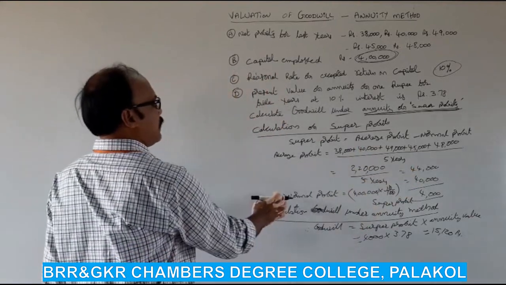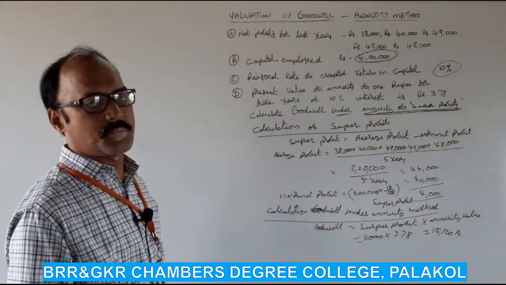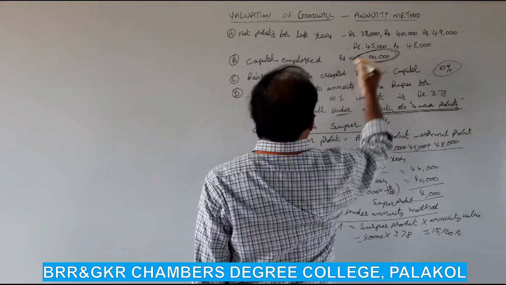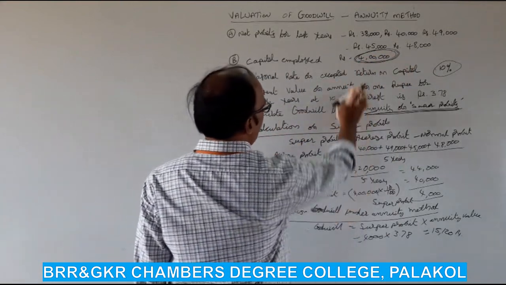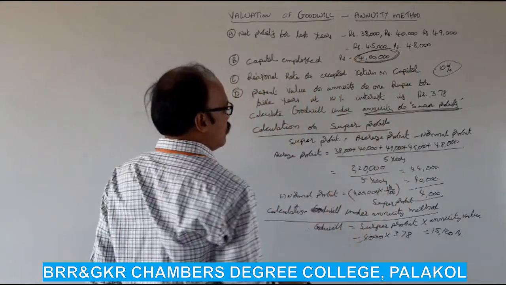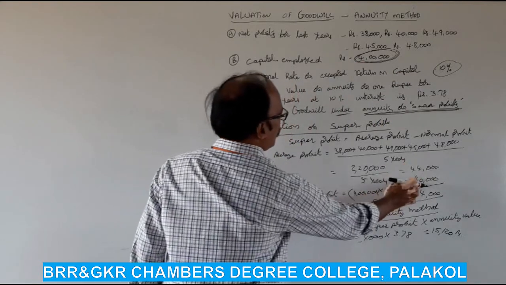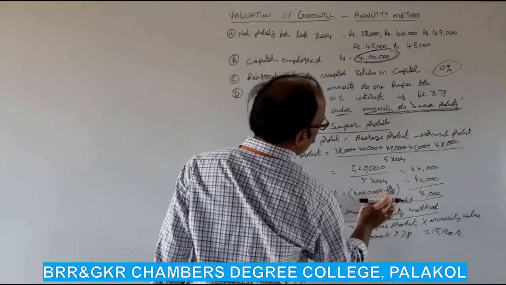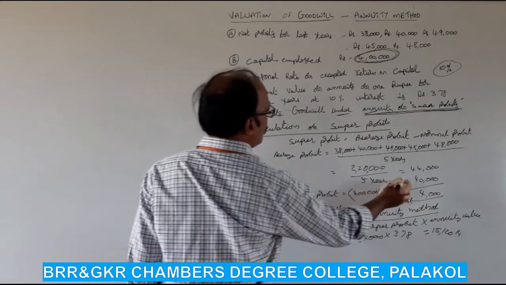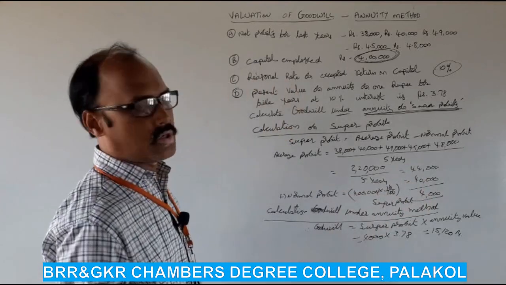Next, minus normal profit. Normal profit is equal to capital employed into expected rate of return. The capital employed is available in this problem directly. So capital employed 4 lakhs, expected rate of return 10 by 100, 40,000. So average profit 44,000, normal profit 40,000, then we get super profit 4,000.